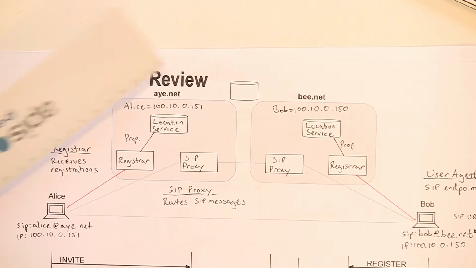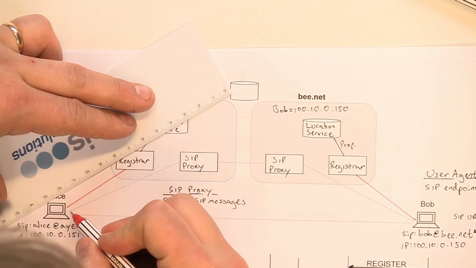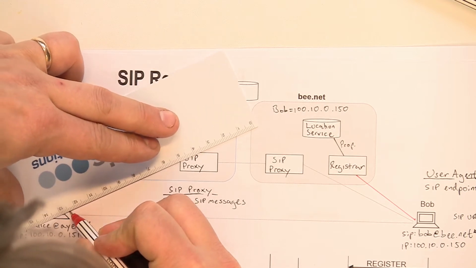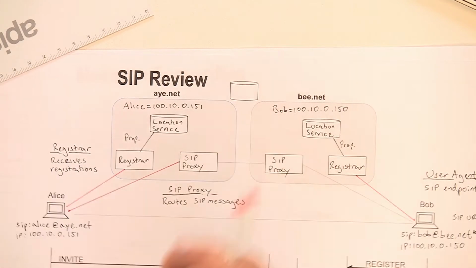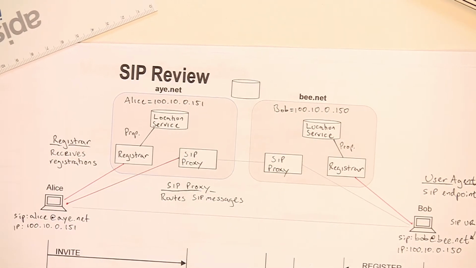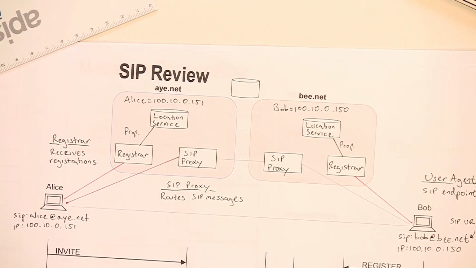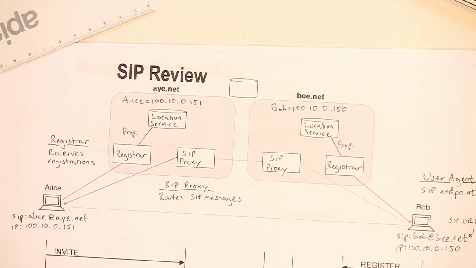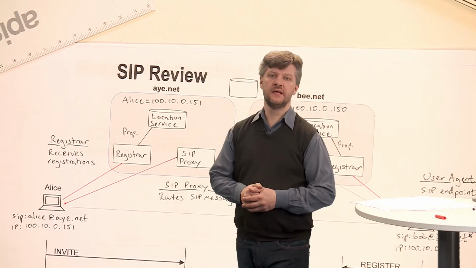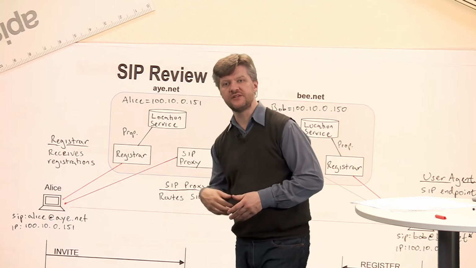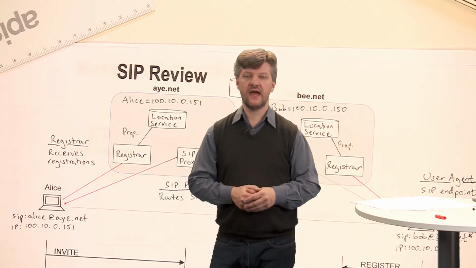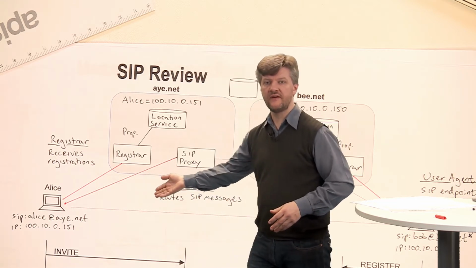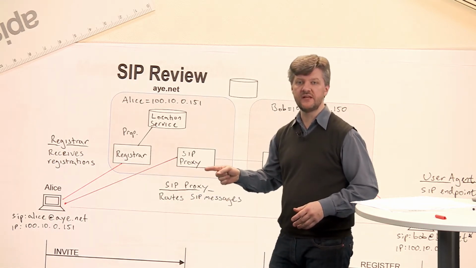So let's put the red line in here, and then there's a kind of a gray line that you can use to follow, and just put red in on top of that gray line. So now we are in the position where Alice has registered and Bob is registered, and she has sent her invite to the SIP proxy in her own domain.